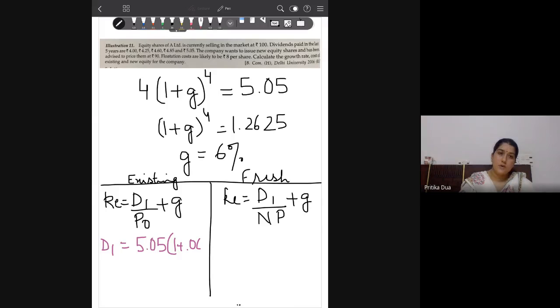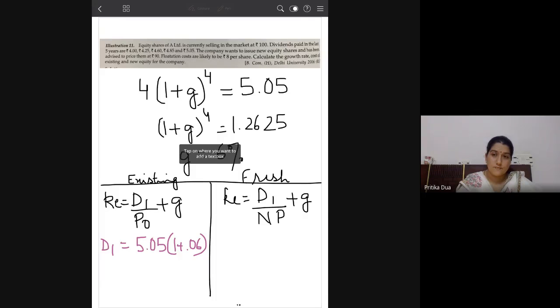So you get D1 from here. Market price 100 is already given. Now you can calculate what the cost of equity is coming to. Just put the values in the formula.